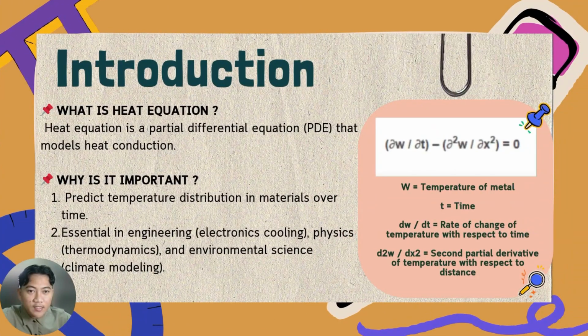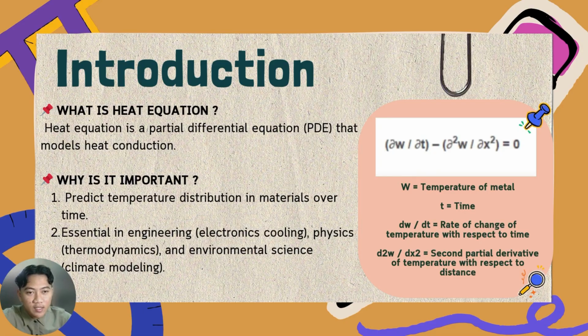So this is our topic, the heat equation for temperature. What is a heat equation? The heat equation is a type of partial differential equation, or PDE, that models heat conduction in materials. It also helps to describe how heat flows through a medium over time.